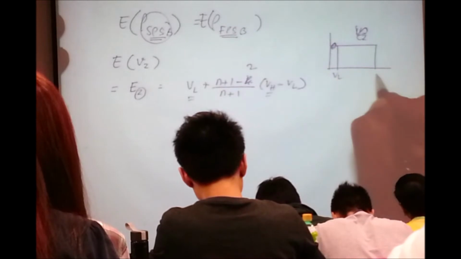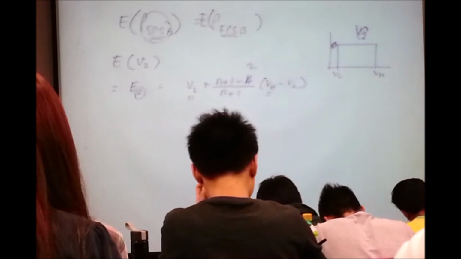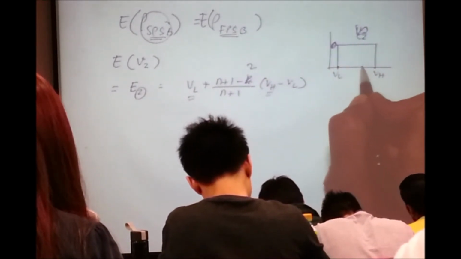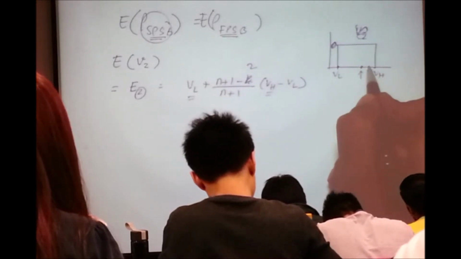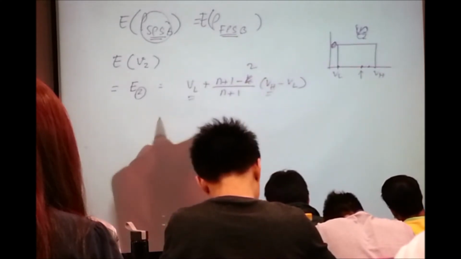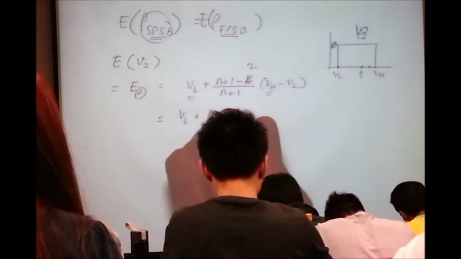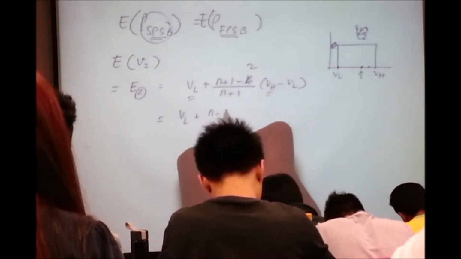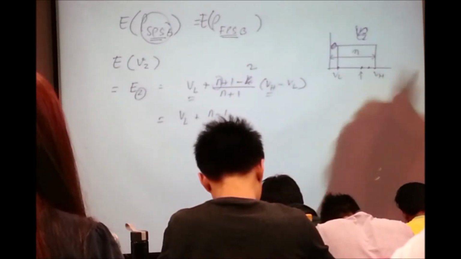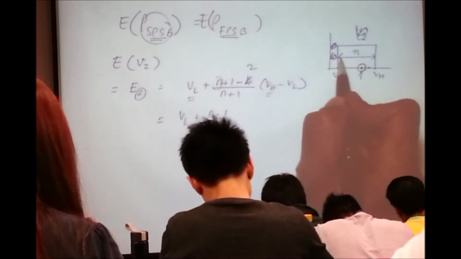This is VL, and I'm placing N guys here, and I'm looking for the first highest here, second here. So I put K equal to 2, and this gives me VL plus (N minus 1) over (N plus 1) times (VH minus VL), and there are N guys in this. I'm looking for the expected, on average, where is the second highest among N guys.